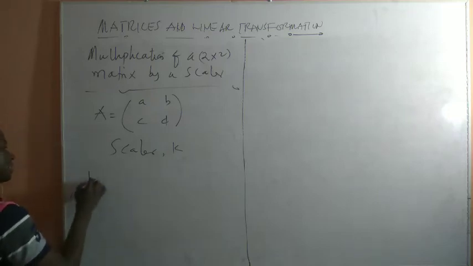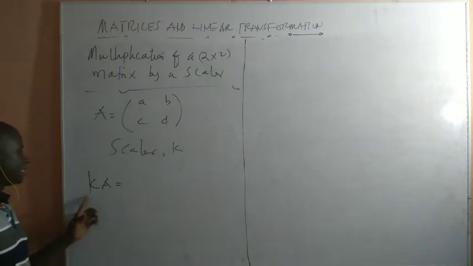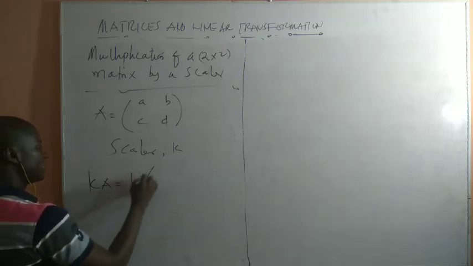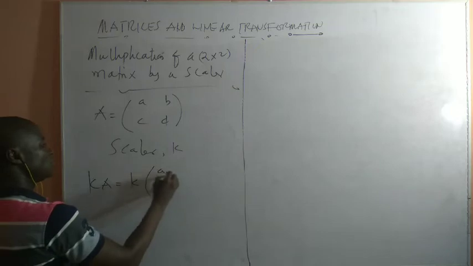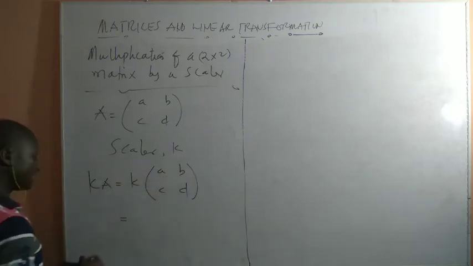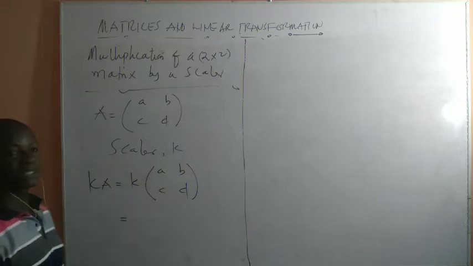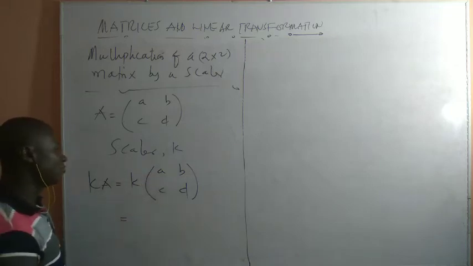Now, when we write kA, it means that we are multiplying the scalar by the matrix. That's how it's written. So we have k, that's our constant, being multiplied by the matrix A, and the matrix A is [a, b; c, d]. Anytime you have a scalar multiplying the matrix, the scalar will multiply all the elements of that particular matrix.